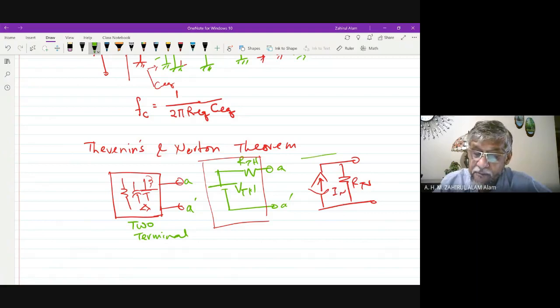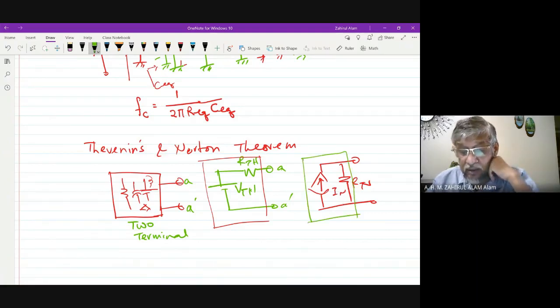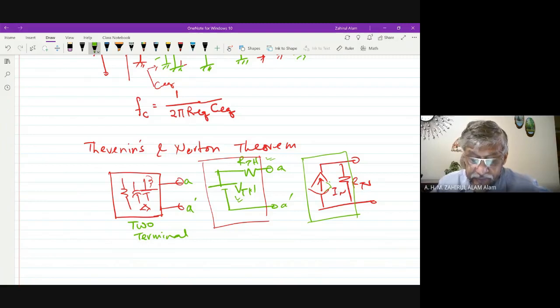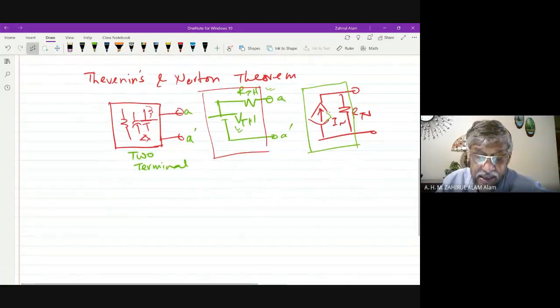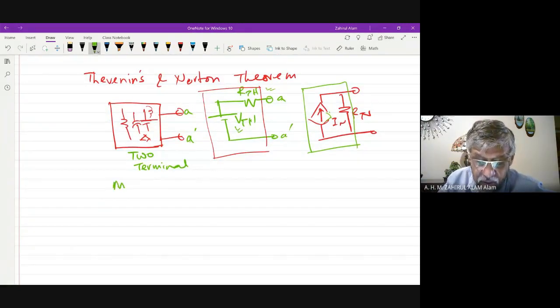Now we know how to apply Norton and Thevenin's theorem to find VTH and IN, and also the equivalent resistance. Similarly, there is another theorem known as Miller's theorem.